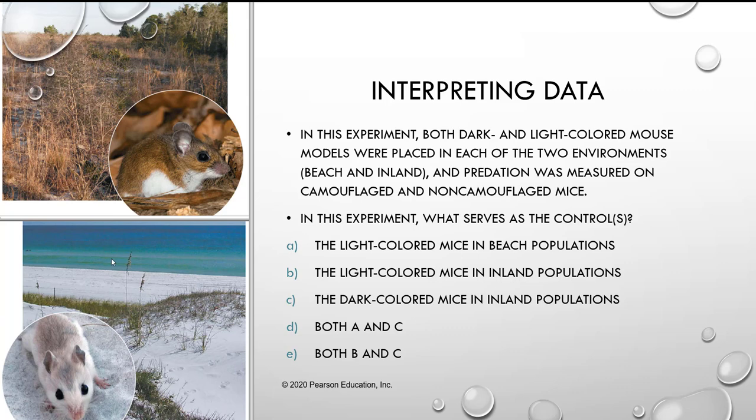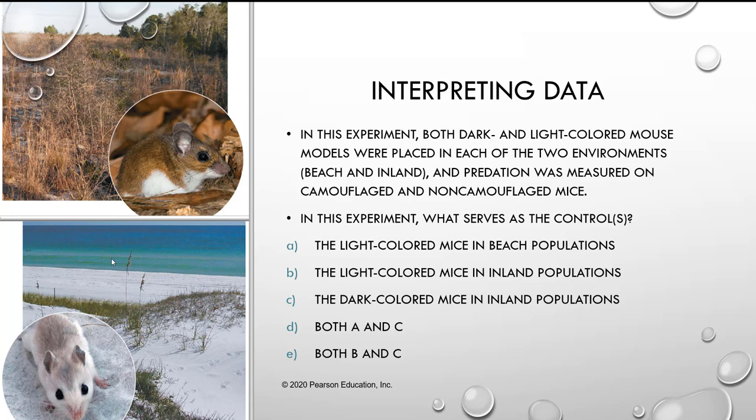So let's see if we can interpret the data. In this experiment, both dark and light colored mouse models were placed in each of the two environments, beach and inland, and predation was measured on camouflaged and non-camouflaged mice. So in this experiment, what serves as the controls? What would be the control group in this case?